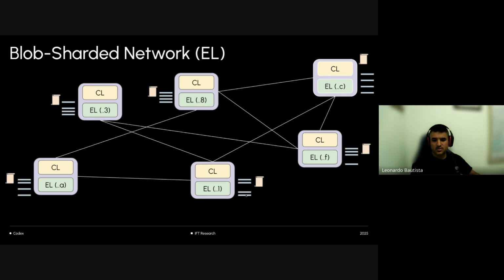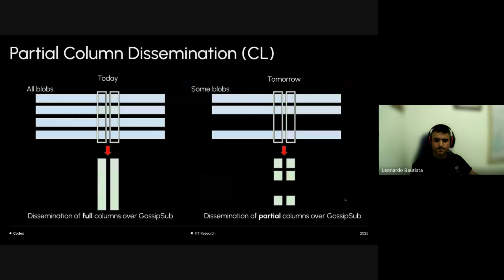So that's what you see, different order of lines, because they have different blobs in their mempool. The numbers you see in the parentheses here are just the hash of the node ID. Depending on the last character, you will be downloading different blobs. So in that way, you are sharding the blob mempool.